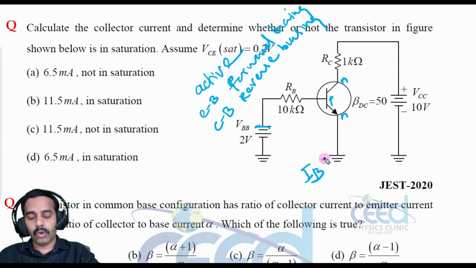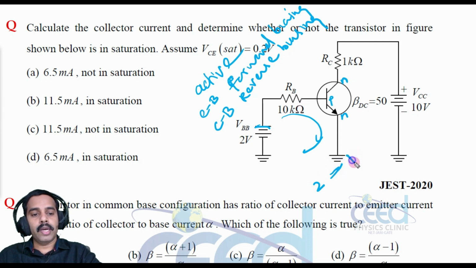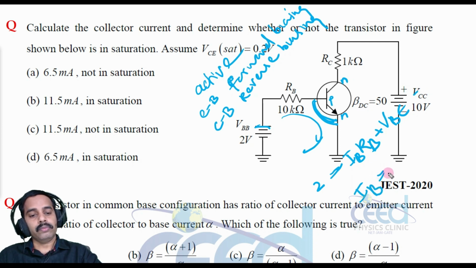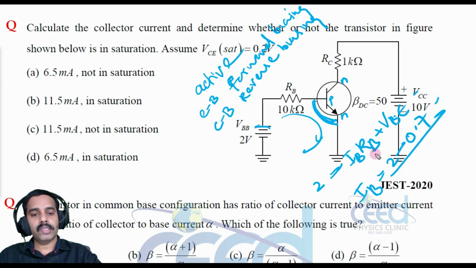Let me apply Kirchhoff's rule across this part: 2 is equal to IB RB plus the voltage drop across this junction, which is VBE. Now IB is equal to 2 minus VBE, which is 0.7, divided by RB. RB is 10 kilo ohm. When you substitute this value, you will get 0.13 milliampere.